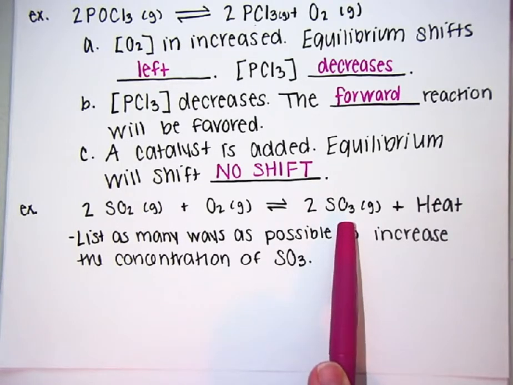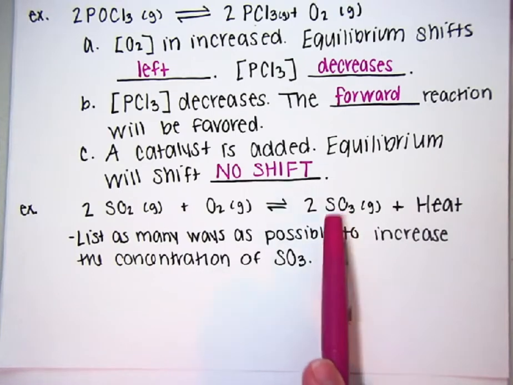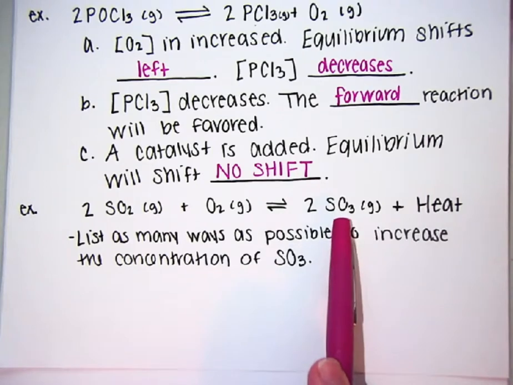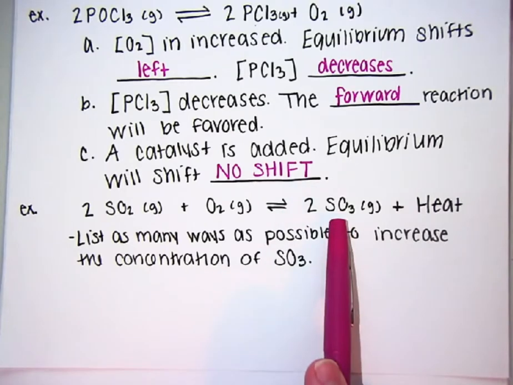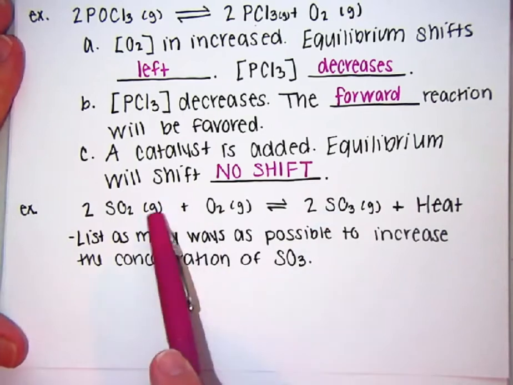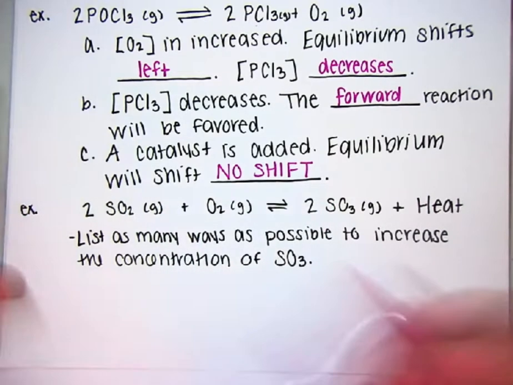So we need to think, how can I stress this reaction in order to increase sulfur trioxide? Which way does equilibrium have to shift to produce more sulfur trioxide? Well, it's on the right-hand side. So if I want to make more, it must shift right.